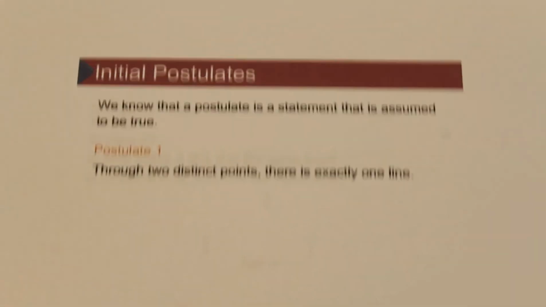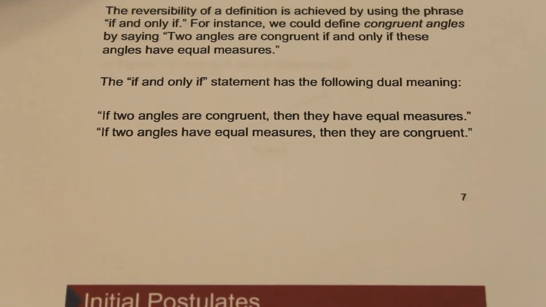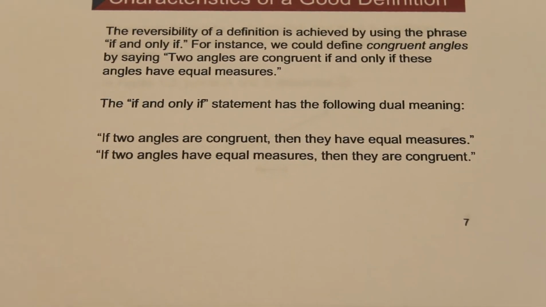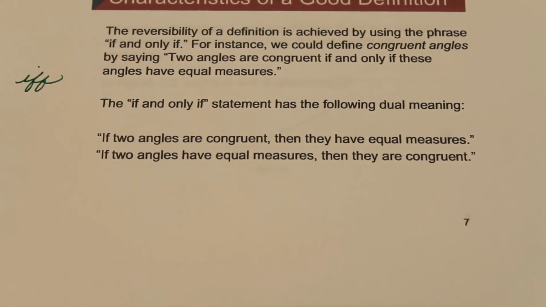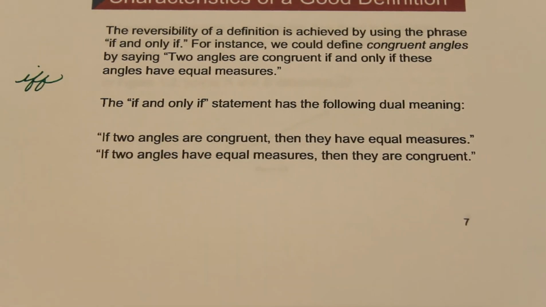So when you're talking about reversing a definition, you might use the phrase if and only if. And in some math books, you'll see that as IFF, if and only if. So if 2 angles are congruent, then they have equal measures.